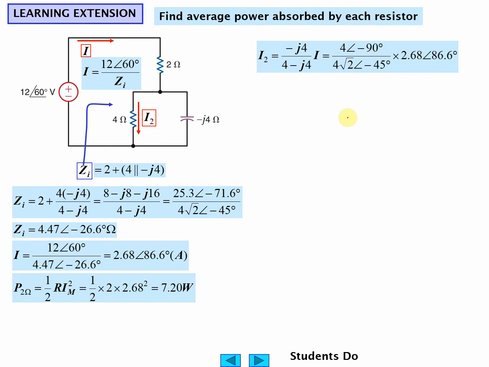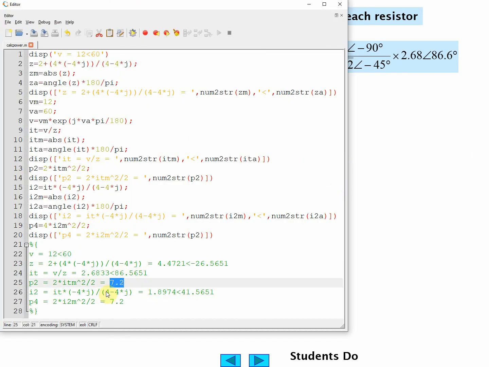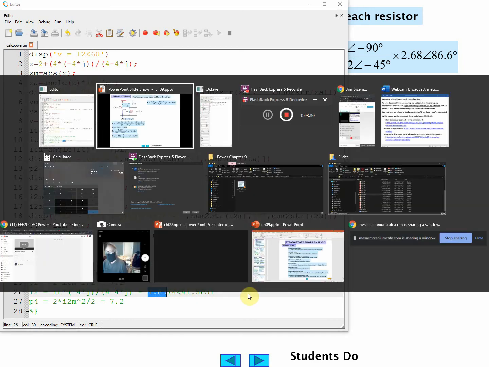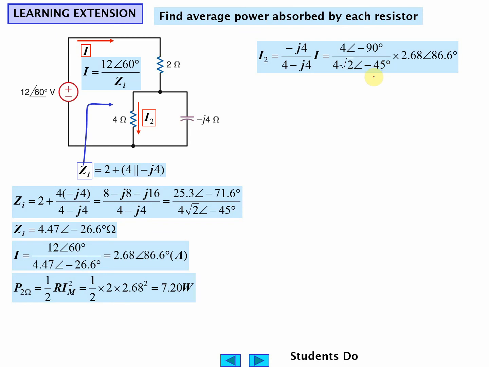Let's go back to the editor. I2 is the total current times the right hand impedance divided by the sum of the right hand and left hand impedance. 1.90 at 41.6 degrees. And let's see what happens here. 1.90 at 46.1 degrees. And keep going with this.